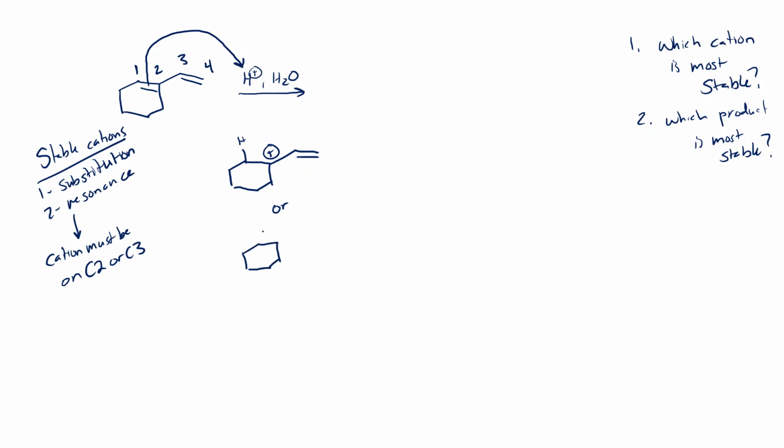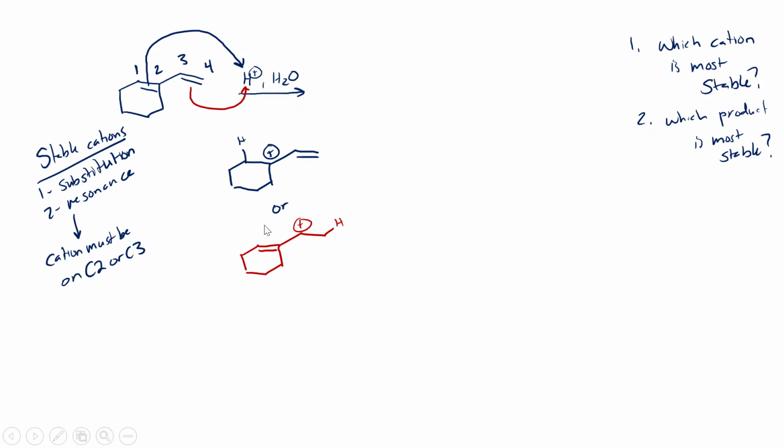Or, I'm going to do this in a different color just because I can through the wonders of technology, we could have the other double bond, the C3-C4 double bond, get H plus like that, and then we put the hydrogen on the primary carbon here, have the carbocation on C3, and that would be resonance stabilized by the other double bond.